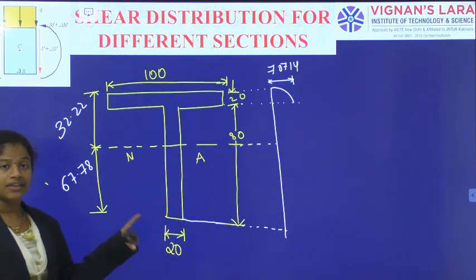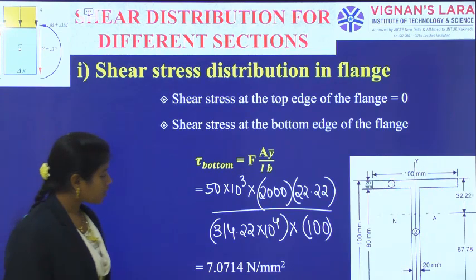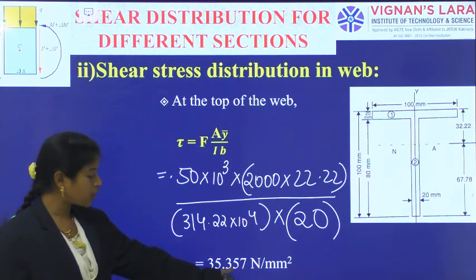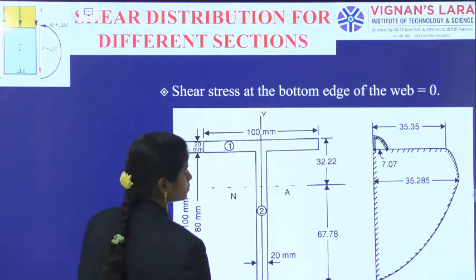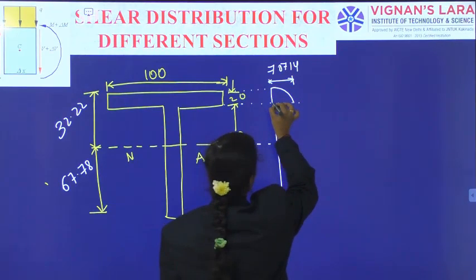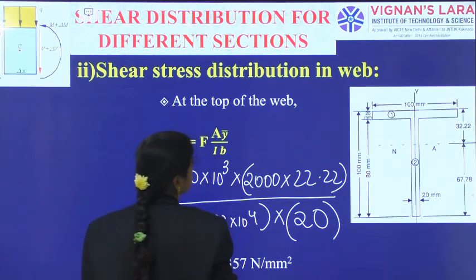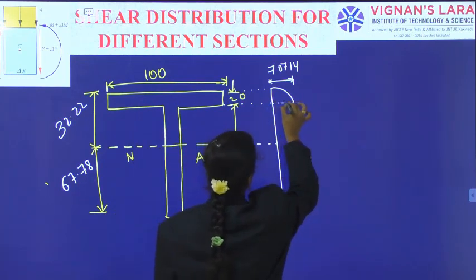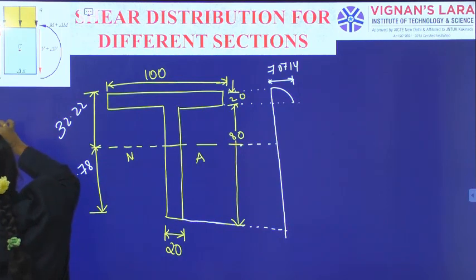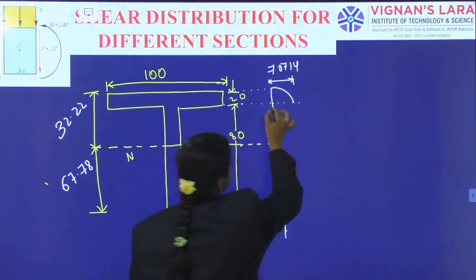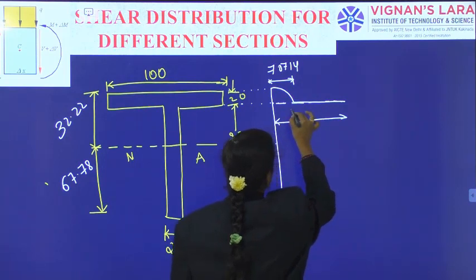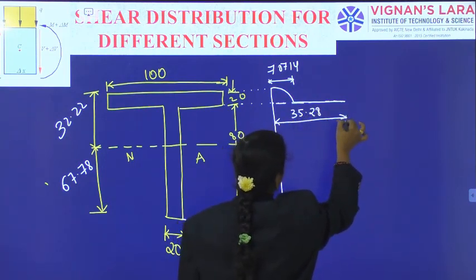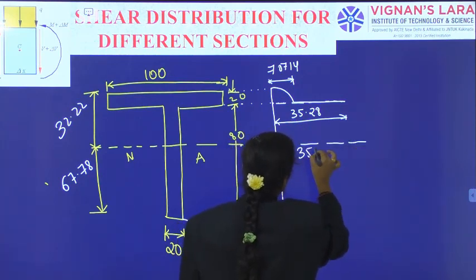And then coming to the web, at the top edge of the web we have observed 35.357 Newton per mm square. And then at this level, 35.28.